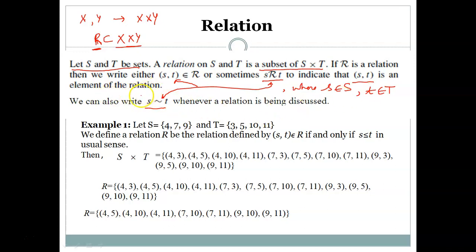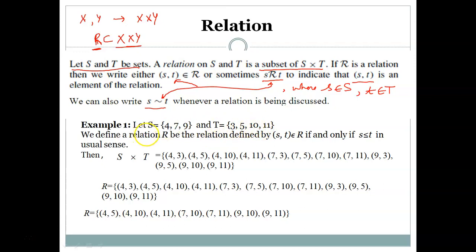It is more clear with the help of an example. Consider a set S having three elements 4, 7 and 9, and another set T having elements 3, 5, 10 and 11.